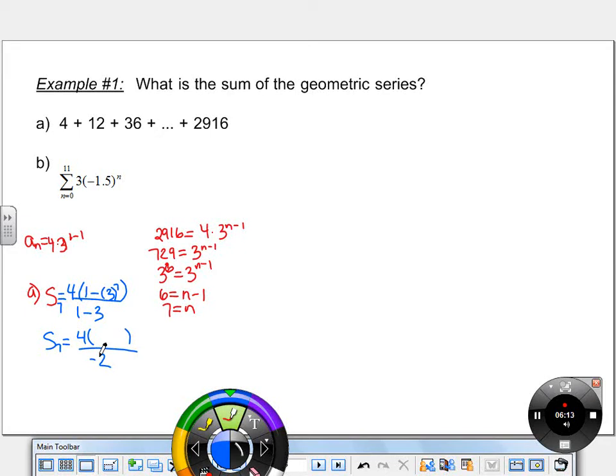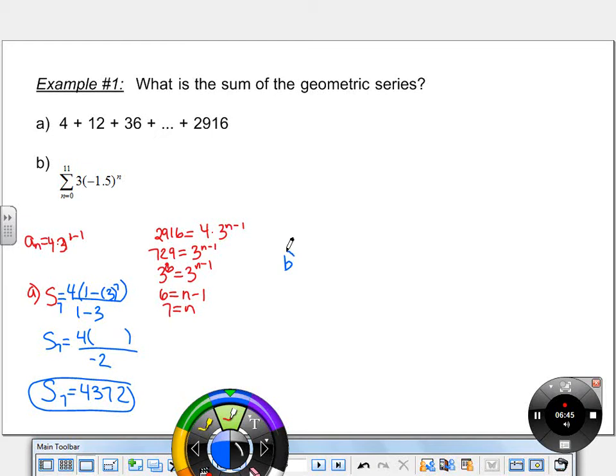And I'm actually just going to go ahead and put that whole thing in the calculator, but you need to use parentheses in your appropriate spots to get the right answer, or do it step by step. So you can do 1 minus 3 to the 7th power times 4 and divide that by negative 2. You should get the sum of the first 7 terms is 4,372. And make sure it makes sense. That makes sense with the terms I see listed up there. They could add up to 4,372.